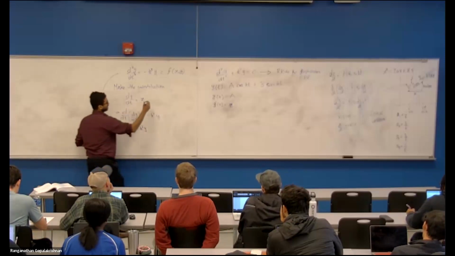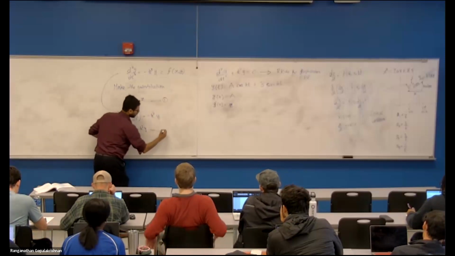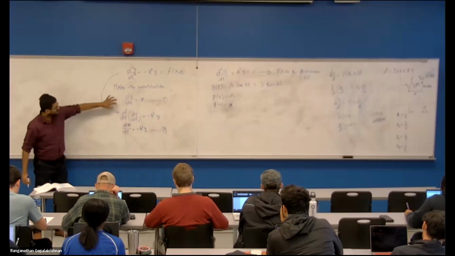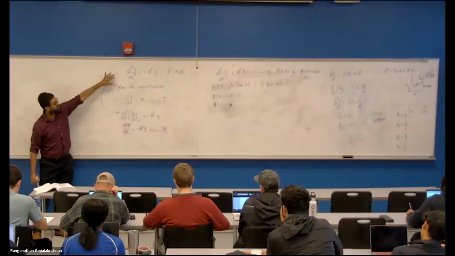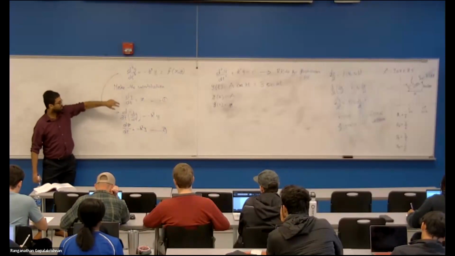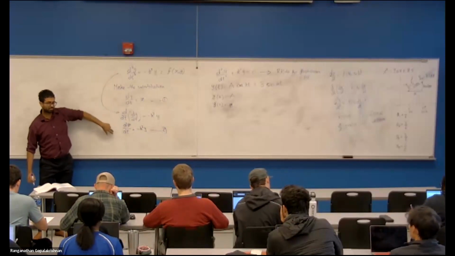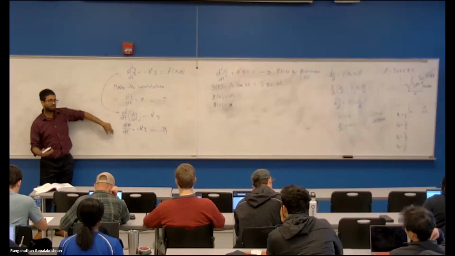So we'll call this equation 1. We'll call this equation 2. They are two ODEs. So you have replaced one second order differential equation with two first order equations, which you can solve using your RK4 technique.